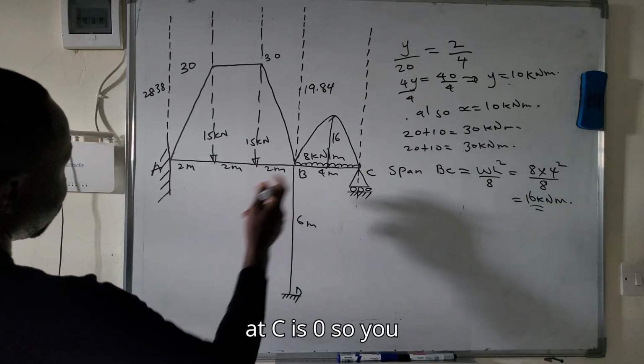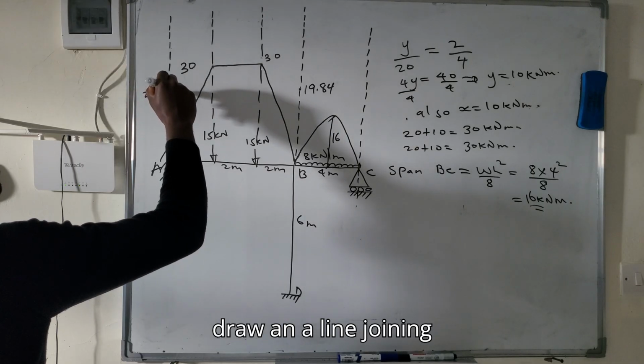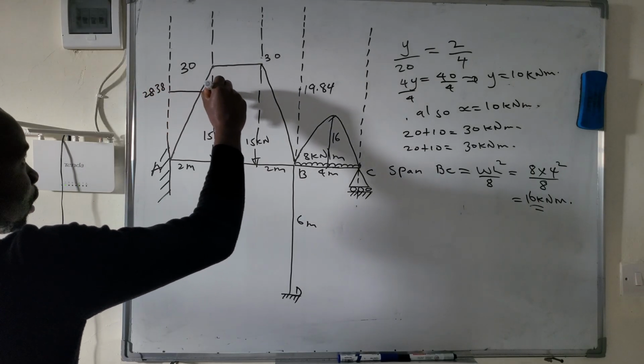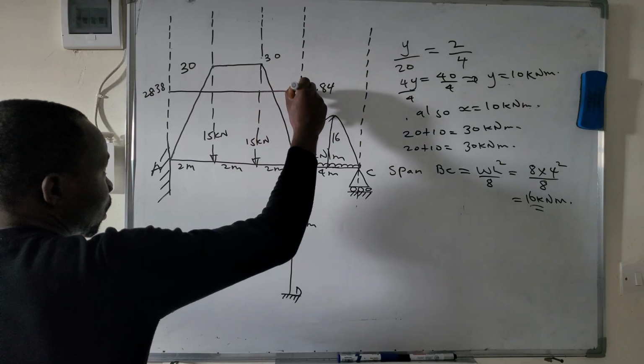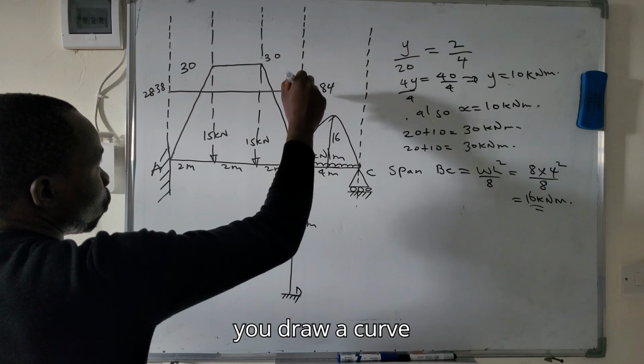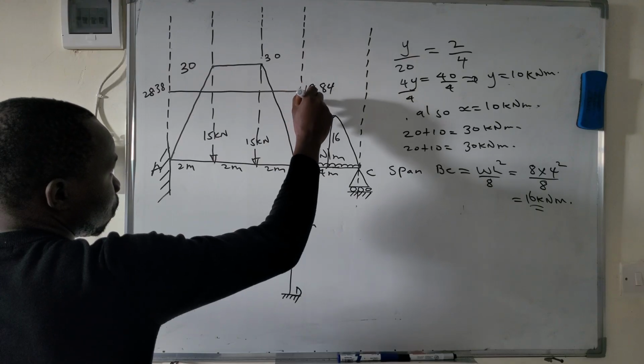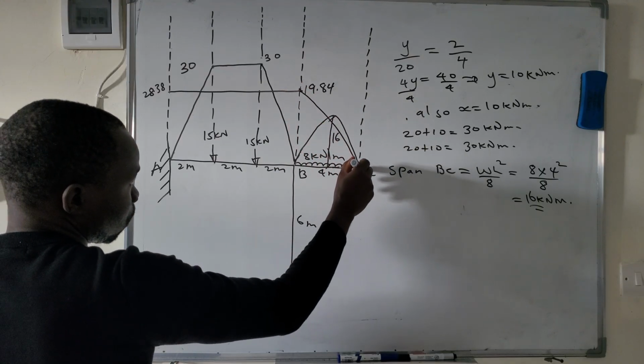And then at C it is 0. So you draw a line joining these points like that, and then here you draw a curve like that.